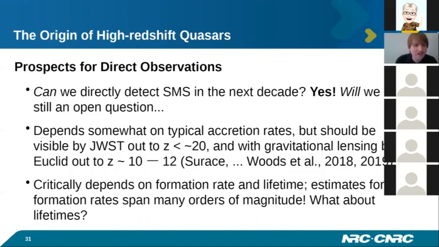So I mentioned formation rates, but actually there is one more intricacy. It's not just the rate at which they form, right? If we want to know how many should be out there at any given time in our prospects for actually detecting these objects, we also need their lifetime, how long these objects live.